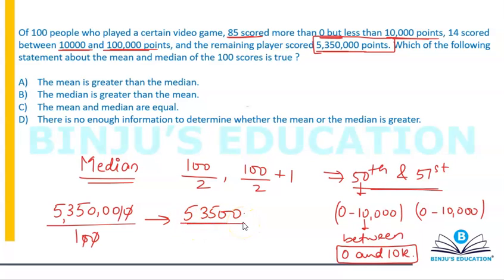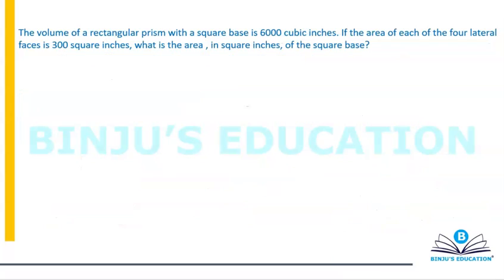It is still coming out to be 53,500. So even if we don't consider the scores of the first 99 players, my average is coming out to be 53,500, which is again greater than any value between 0 and 10,000. So no matter what happens, my mean has to be greater than the median. Good. So all of you are correct. Good job. Well done.